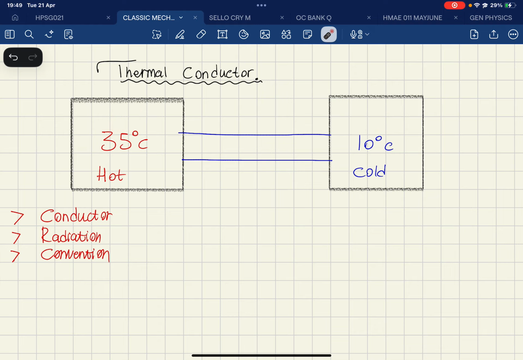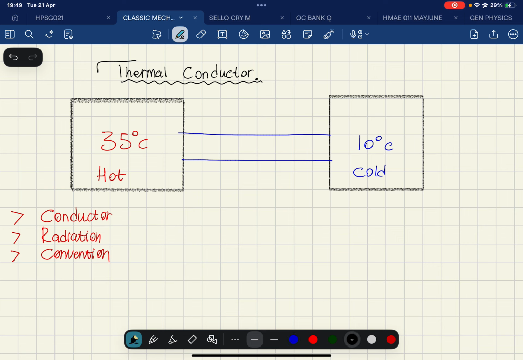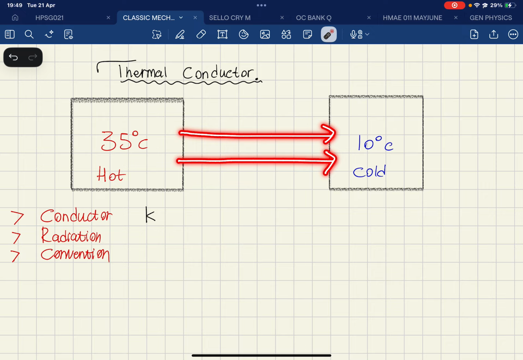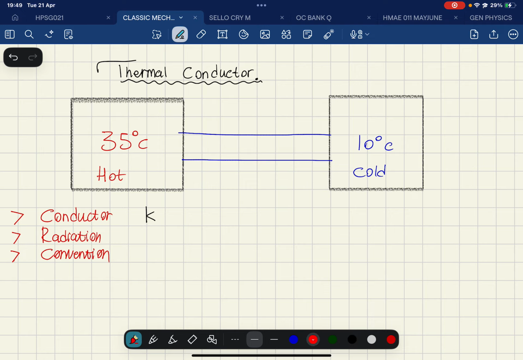Understand? So let's talk about this thermal conductor. The thermal conductivity is denoted by the letter K. Heat will travel a certain distance from here up until here. We can call that distance D. So from here up until here is the distance that will be traveled by the heat.